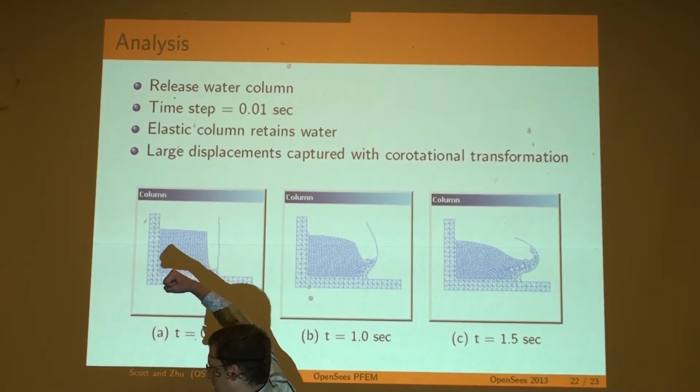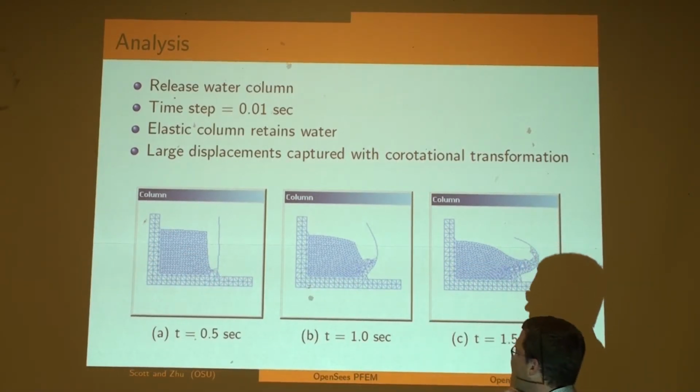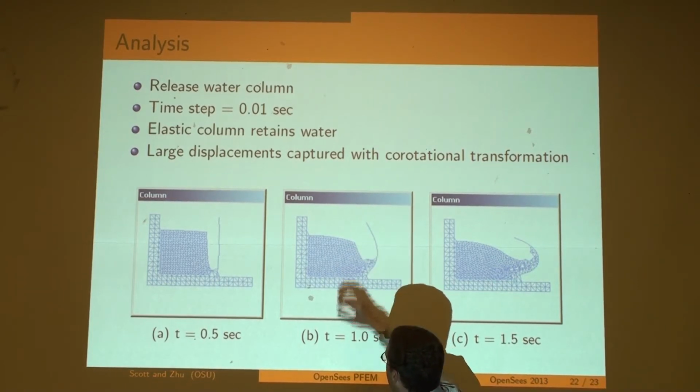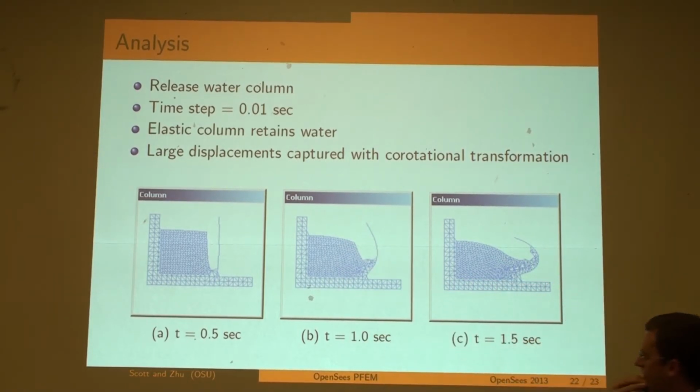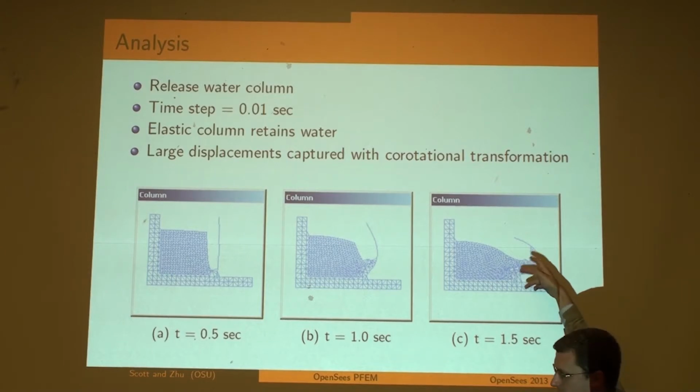So it's like a column that's fixed and pinned. And at 1 second, the water is starting to really impact the beam or the column there. You can see some very large displacement. This is not amplified. Scale factor is 1 on the display sheet. Then at 1.5 seconds, it's ridiculous.